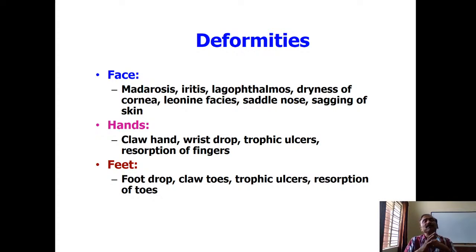In the hands, if it goes on to the motor system, then you have claw hand, wrist drop, trophic ulcers, because the person has sensation loss but despite that no action has been taken, and resorption of the fingers. In the feet, you can have foot drop, claw toes, trophic ulcers, and resorption of the toes.